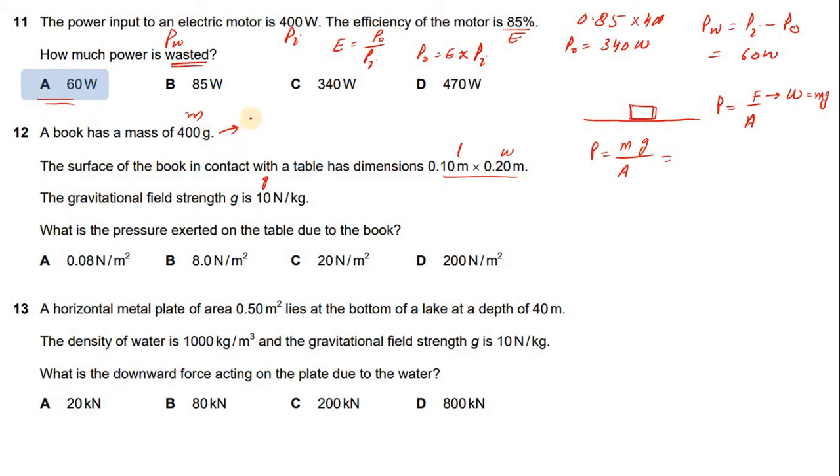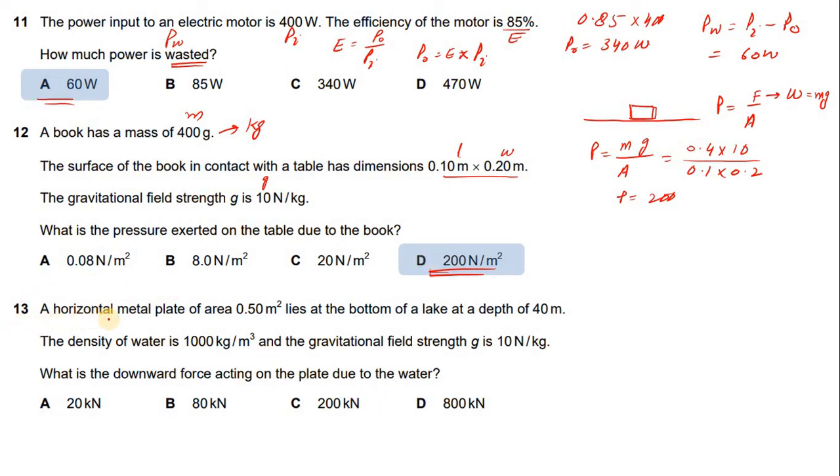Gram is given, dividing by 1000 gives 0.4, times G, 10, divided by area. Area is length multiplied by width, 0.1 times 0.2. Once you solve that, your pressure will be 200 Newton per meter square. So option is D.